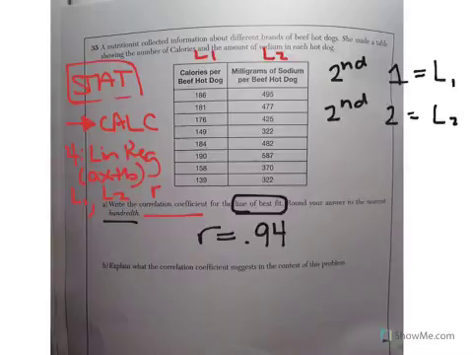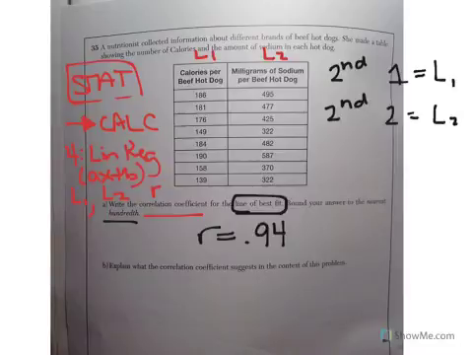Okay. Part B says explain what the correlation coefficient suggests in the context of this problem. So, in the context of this problem, it's saying, what does it mean in regards to hot dogs and the calories?